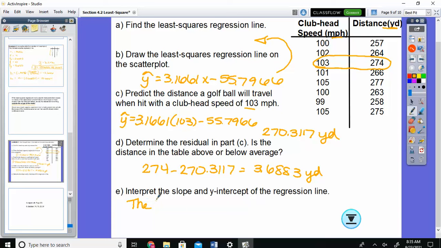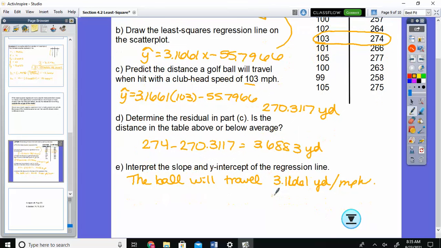So the slope is telling me the ball will travel, make sure you're using the number for your slope as well as units, 3.1661 yards. You could give it as a rate per mile per hour, so basically if you hit it a mile per hour faster, it will go an additional 3.1661 yards.